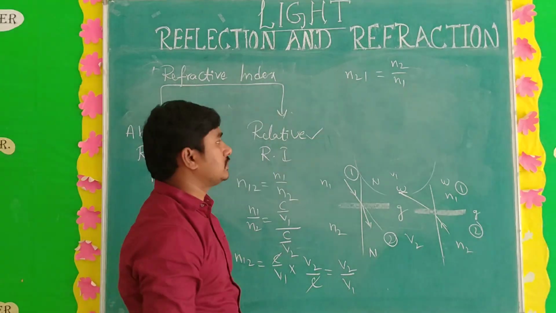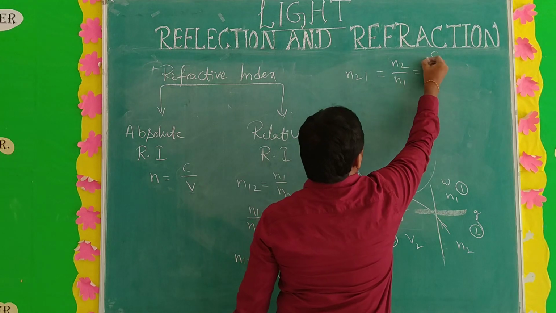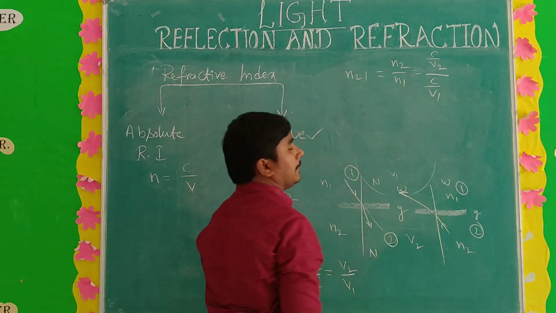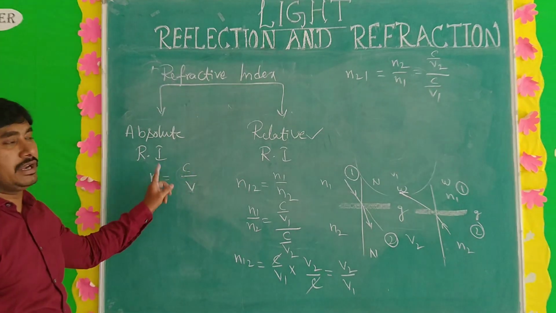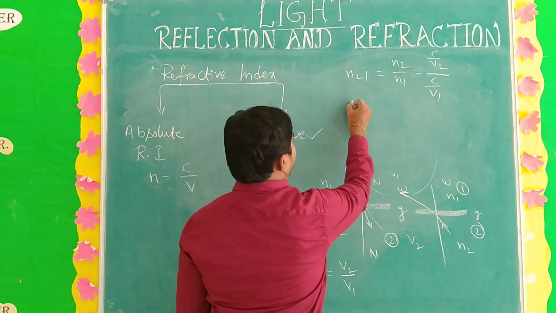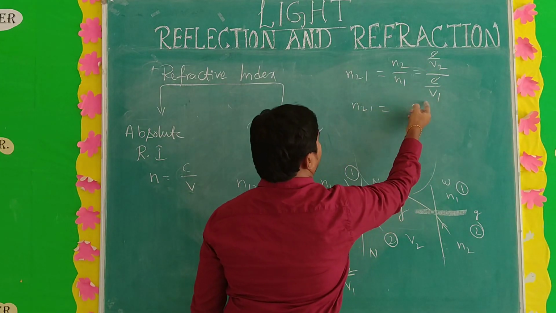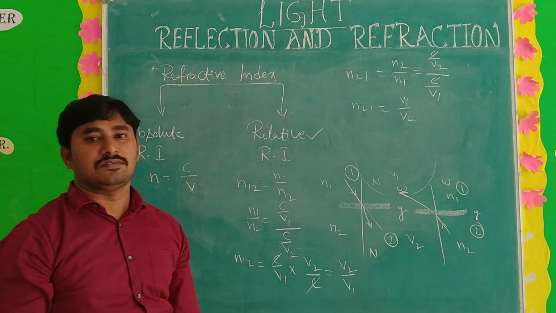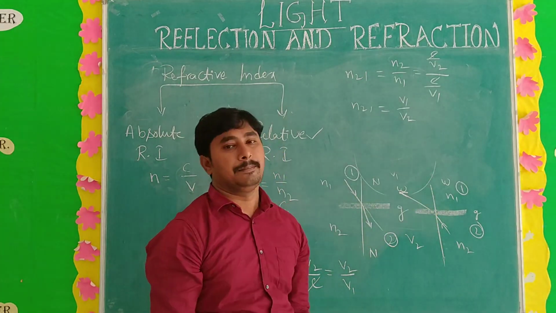Finally you write C by V2 by C by V1, using the absolute refractive index formula. Here C gets cancelled, and finally you write the reciprocal, V1 by V2. So that is the formula for light travelling from the second medium to the first medium.